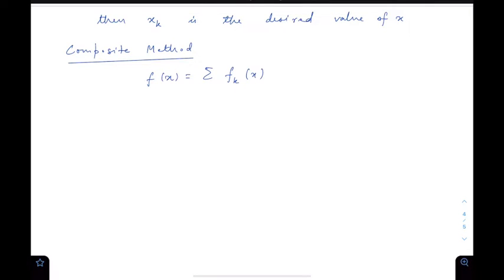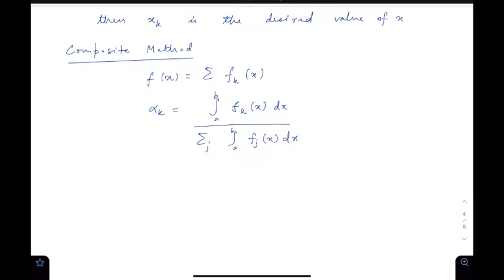If we define alpha_k as the integral from a to b of f_k(x) dx divided by the sum over all such integrals, then the sum over the alphas is equal to 1, and an individual alpha_k is the fraction of the points to be generated according to f_k.